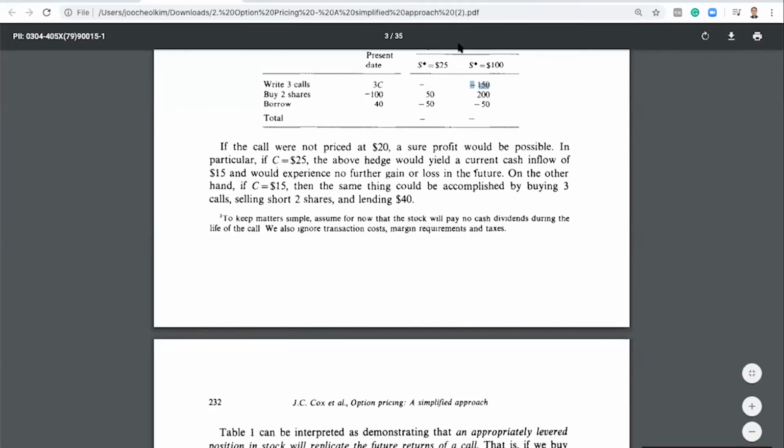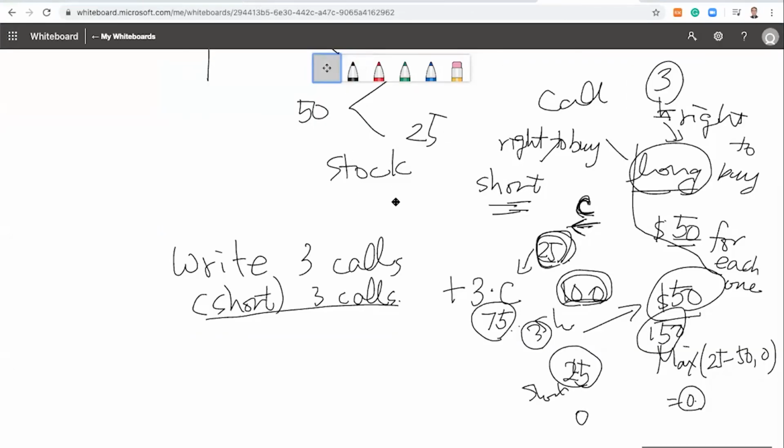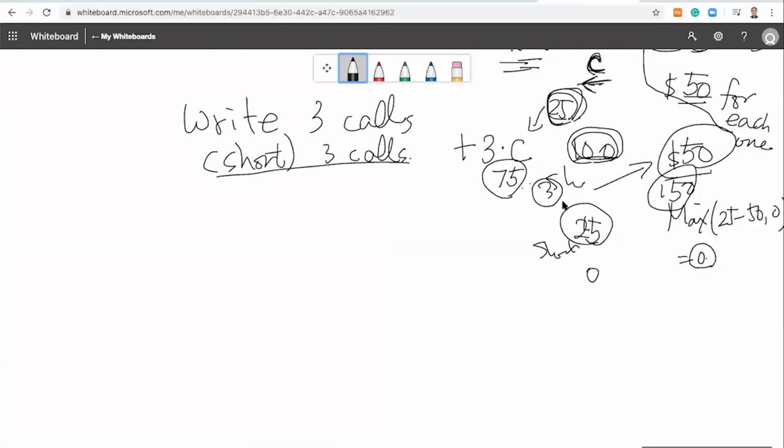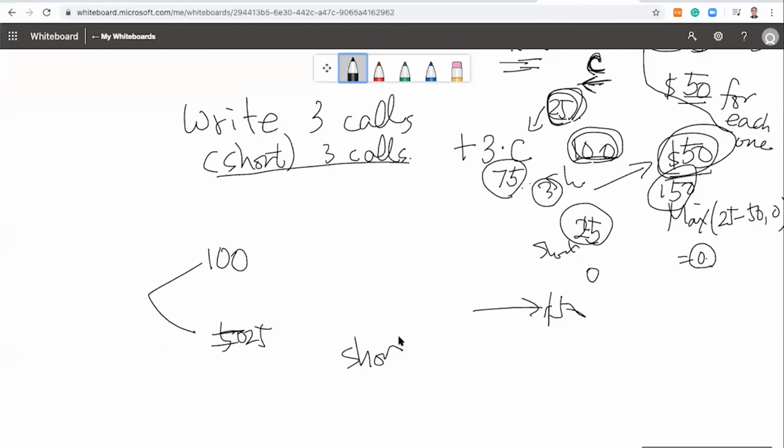Or you may think, why should I give him $50? But actually, you do not give him $50 in the real sense. It's $100 and $25, and you are in a short position, and there is a long position guy, and he has a right to buy $100 worth of stock at the price of 50.